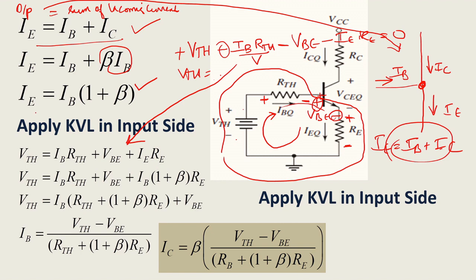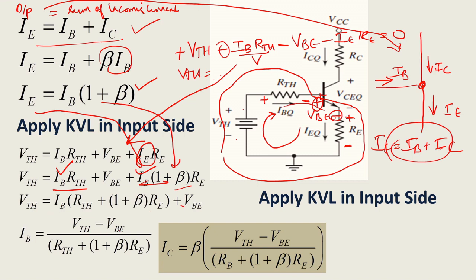So what is IE? We know IE is nothing but IB into 1 plus beta. So this one I have substituted. So here I am taking IB outside. Here you can see IB coefficients are there, from here and here I am taking IB outside. So RTH plus 1 plus beta RE. So now I want to find what is IB. So you bring this VBE to the left side.